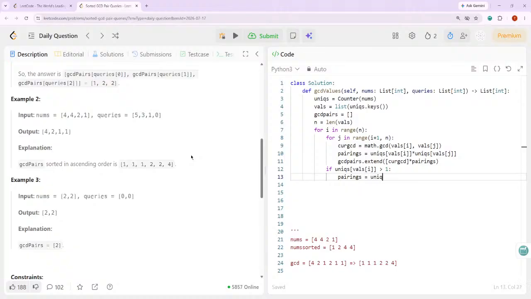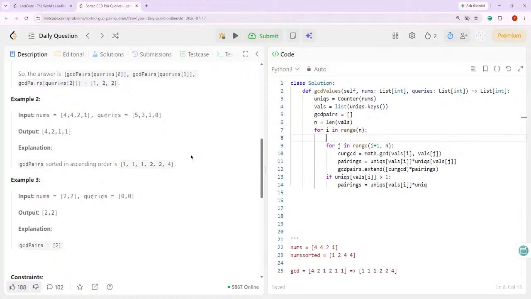Pairings is uniques vals at i times uniques. Maybe I should just have a variable for this. Let's say frequency is vals at i. So this would be frequency versus the frequency of vals at j. And this would just be frequency times frequency.